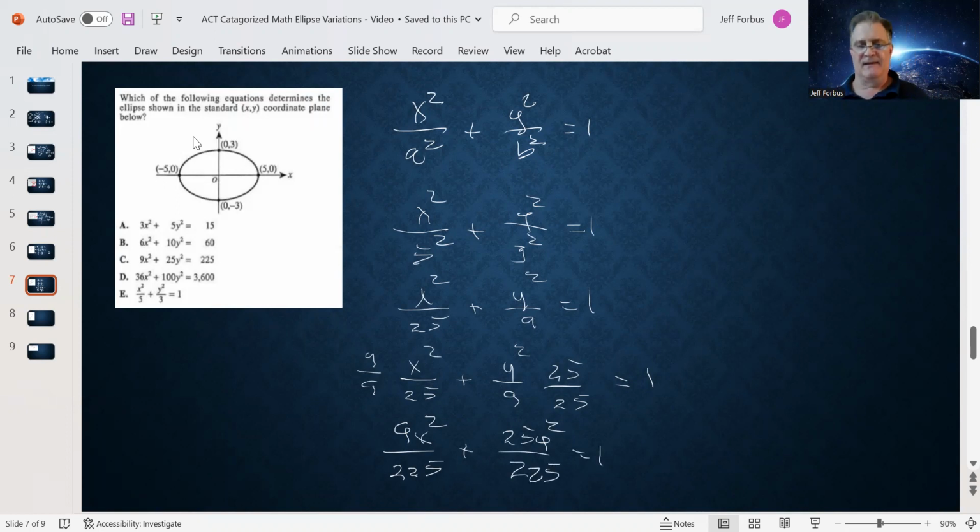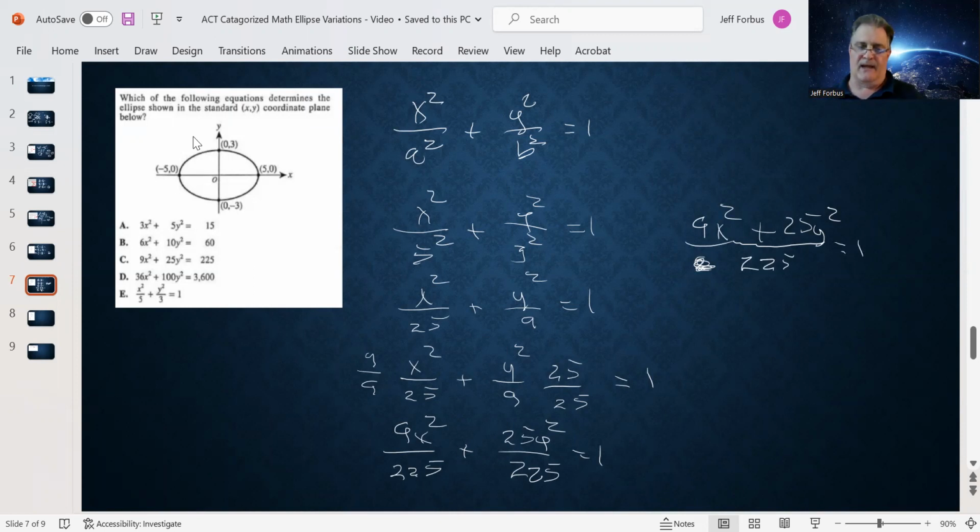Now we can rewrite this and say 9x squared over 9x squared plus 25y squared all over 225 is equal to 1. You can multiply it.